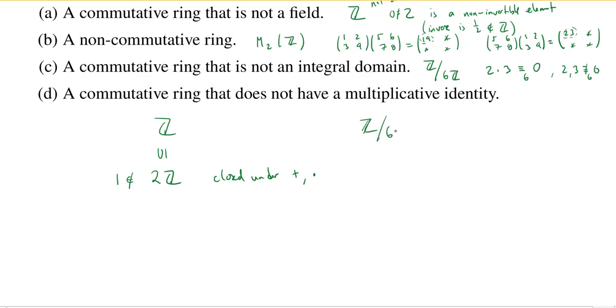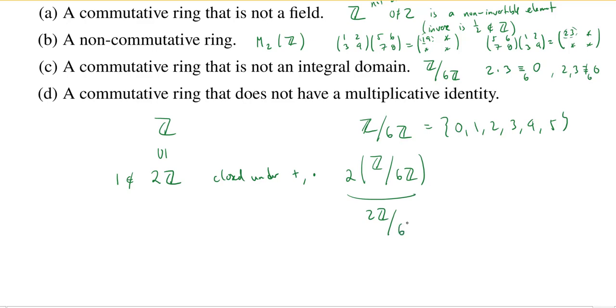So Z mod 6Z, which we can write down a set of representatives, 0, 1, 2, 3, 4, 5. It has a subring we get by taking the ideal generated by 2. So this will be all of the multiples of 2. Or we could also write this as 2Z modulo 6Z.